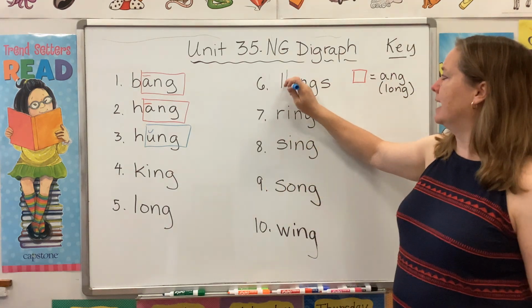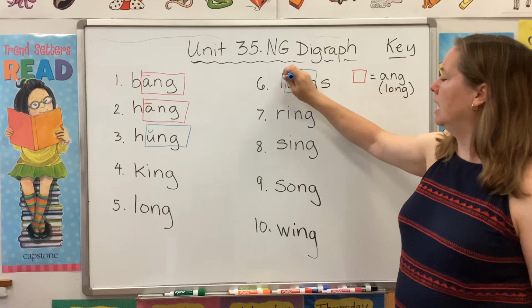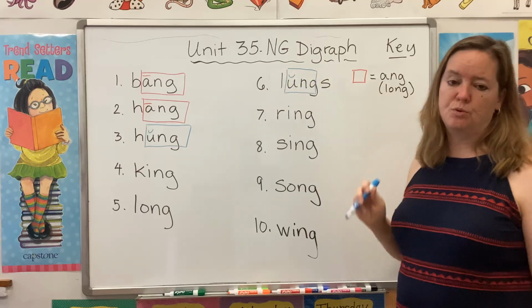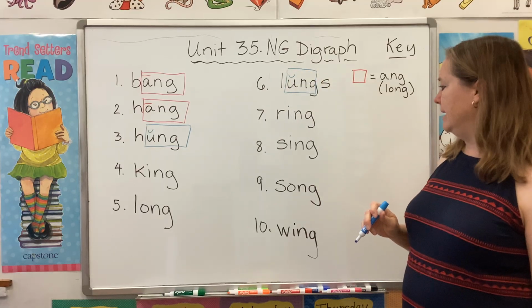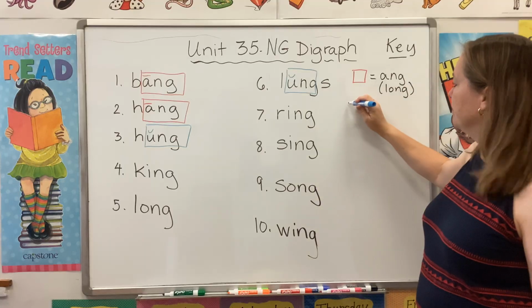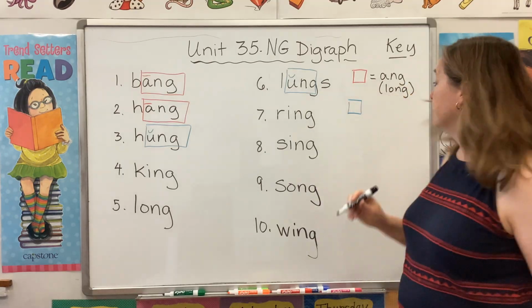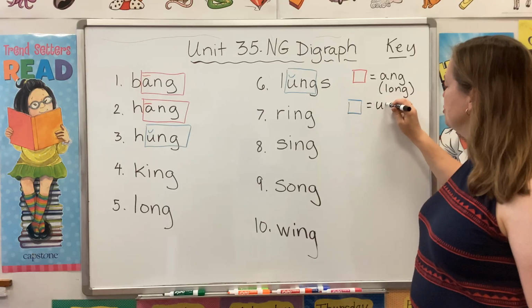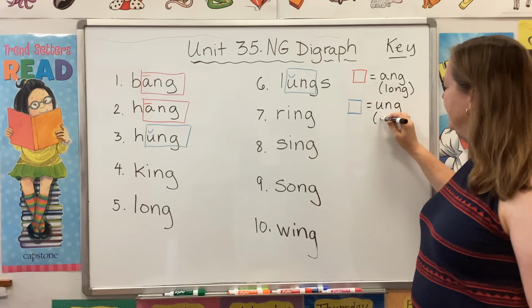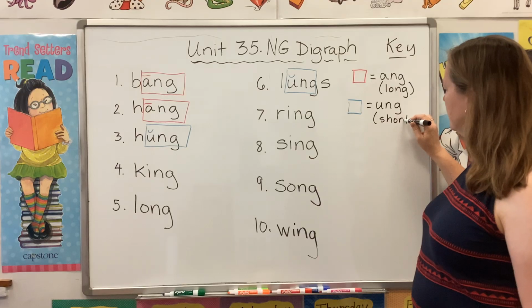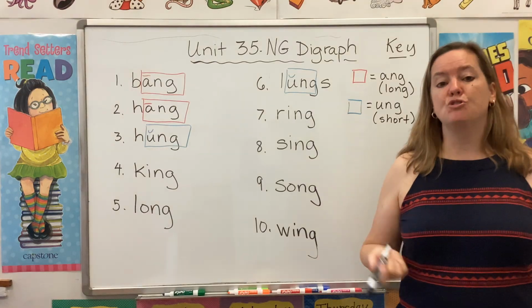We see that again in the word lungs. There's that short U. And that's it. So over here, blue box equals UNG. And this time, we're going to have a short vowel sound.